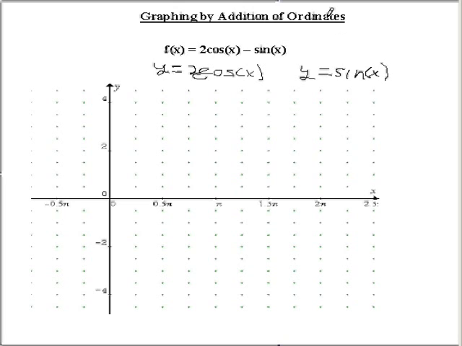Remember, the ordinate is the y-coordinate of an ordered pair, whether we call it the y-coordinate or z or whatever letter. The ordinate always refers to the second coordinate.